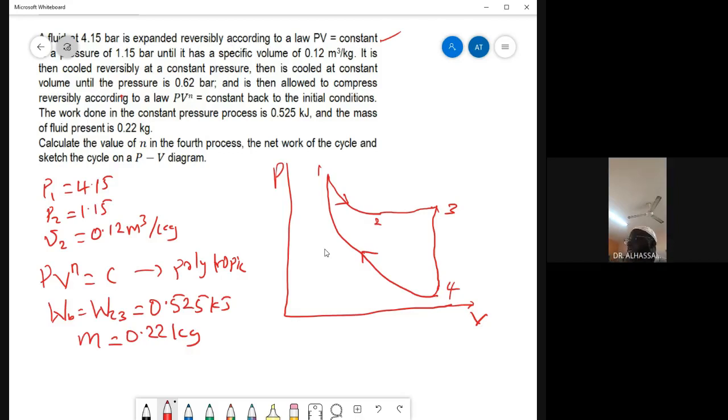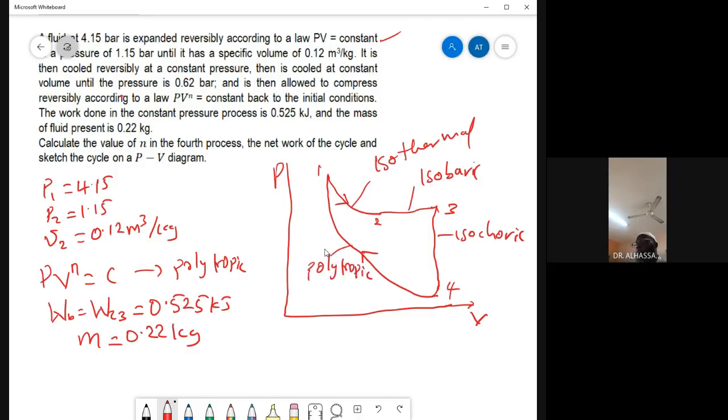So this process is isothermal. This is constant pressure, isobaric. This is isochoric. And this is polytropic.